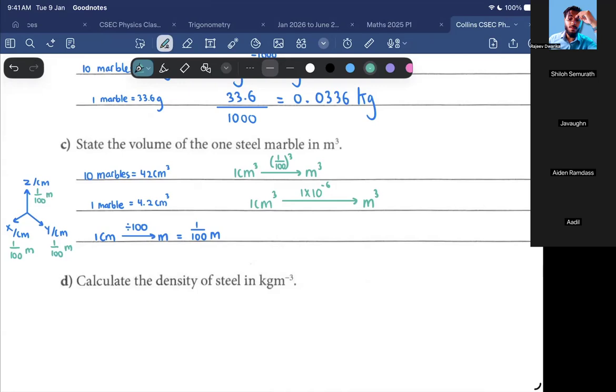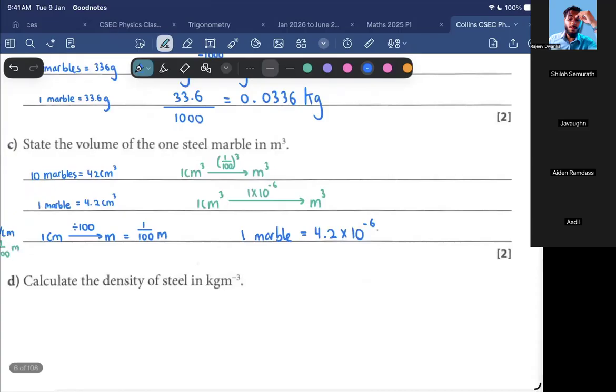So when you work it out, one marble is going to be 4.2 multiplied by 10 to the power negative 6 what? What's the units now? Javon? What would the units be now? A meter cube. Right, meters cube.